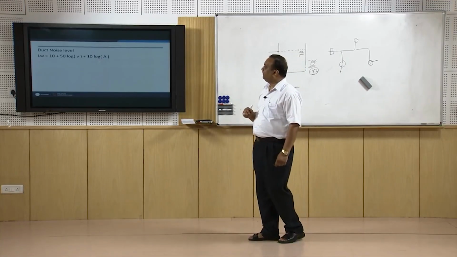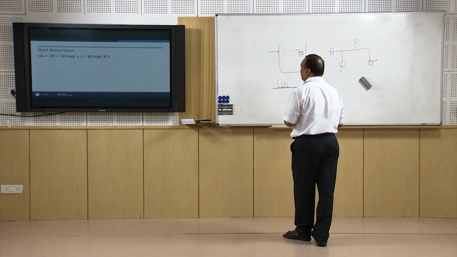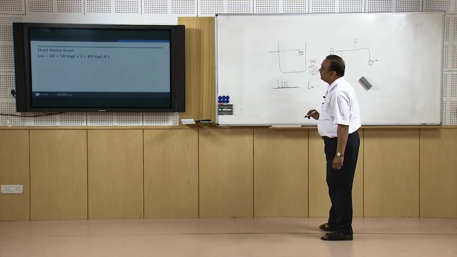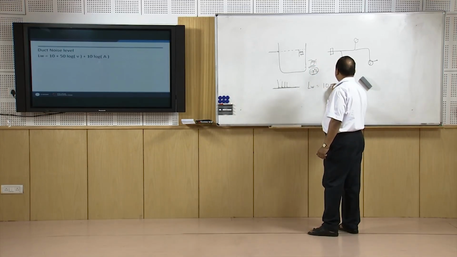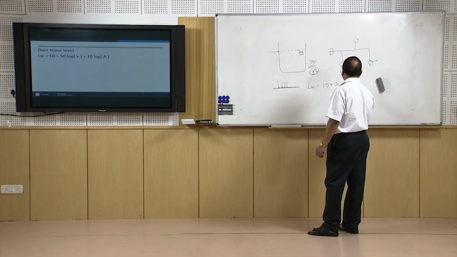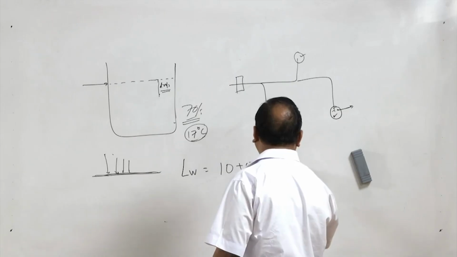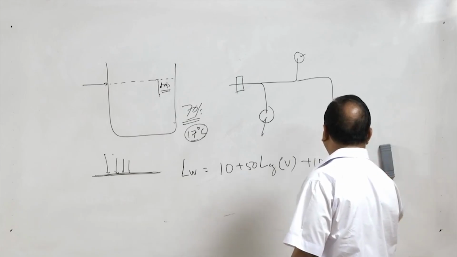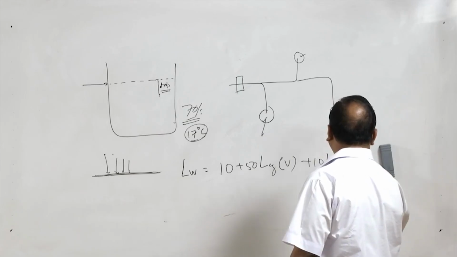Now, duct noise level can be measured with the help of this. The decibel power is 10 plus 50 log of velocity plus 10 log of area.